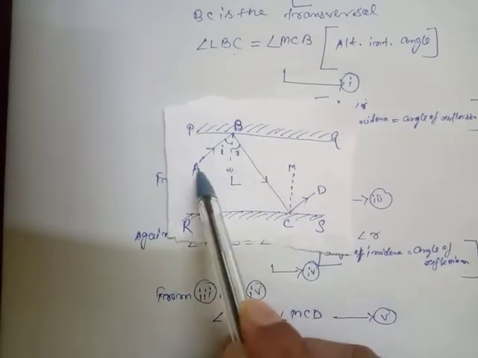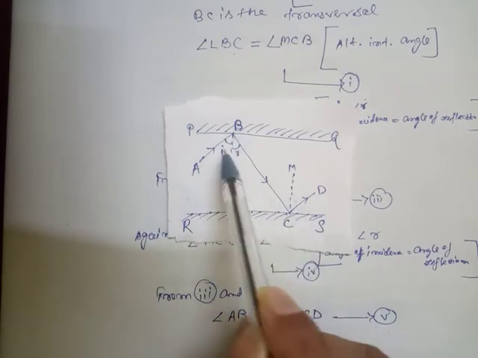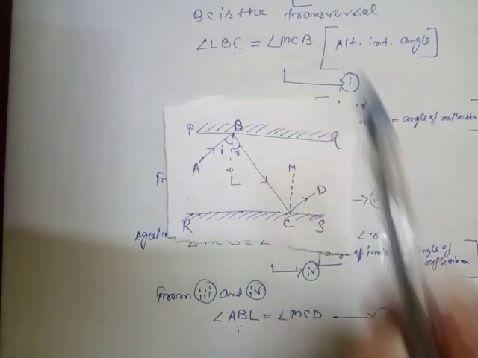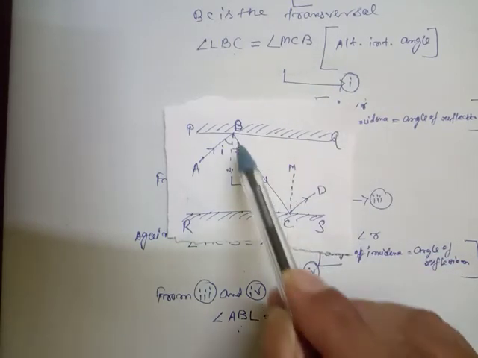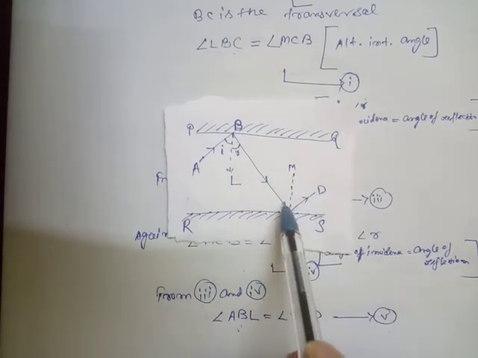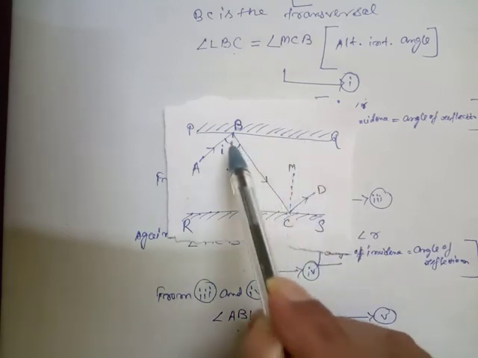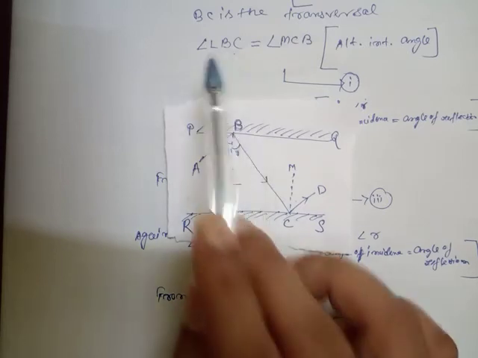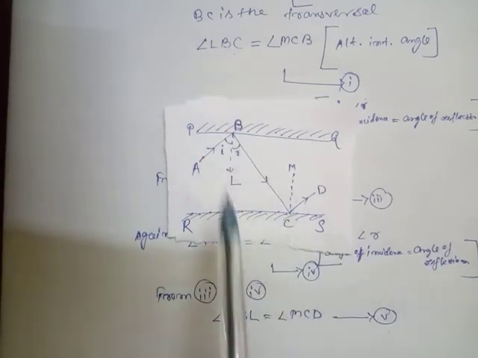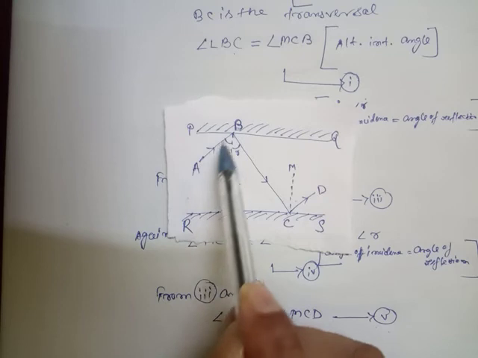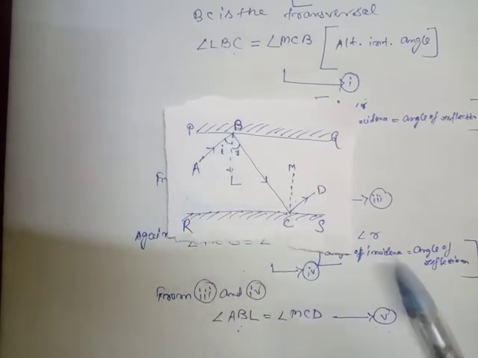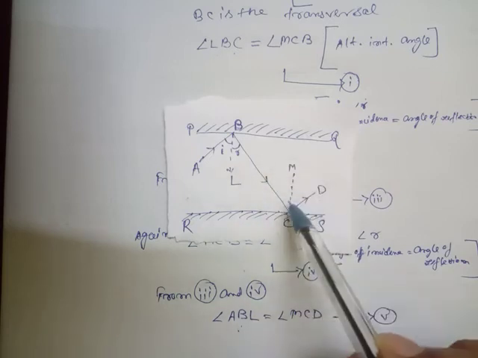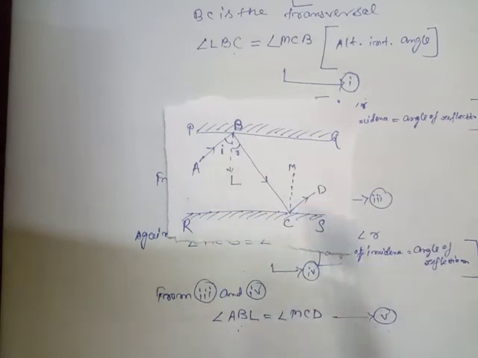If we add these two, it becomes ABC, which means this whole angle. And if we add MCB and MCD, it becomes the whole angle BCD.